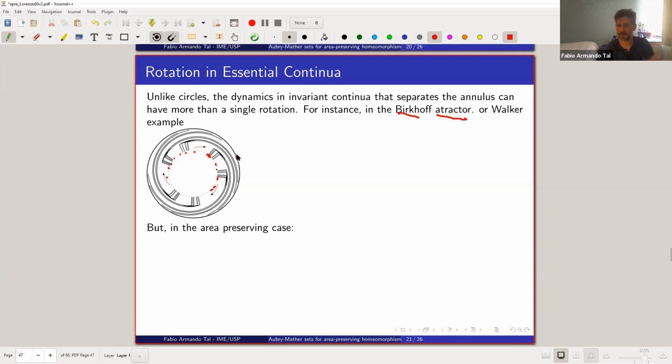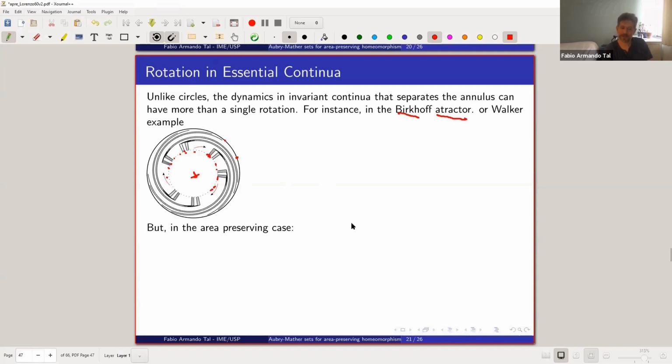So this is a dynamics on the annulus, and the annulus here, this point and infinity make an annulus. And okay, I look here and I say, this invariant continuum, I can see points which have a rational rotation number, I have points which have zero rotation number. They are in the same continuum and they coexist. It's not because I don't have interior that this object cannot have more than one rotation number.